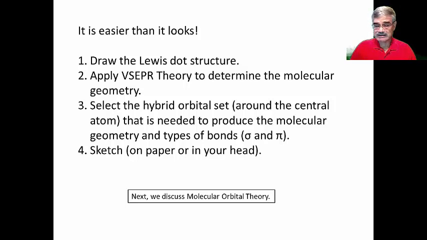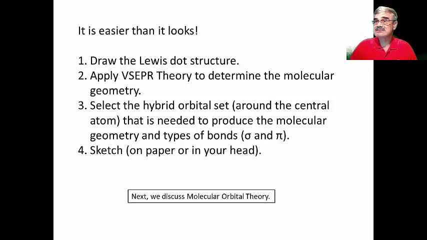If that geometry around the central atom is linear, it must have been sp hybrid orbital set. If it's trigonal planar, it must have been sp2. If it's tetrahedral, it must have been sp3, etc., till you get to octahedral. If it's an octahedral geometry around the central atom, it must have been sp3d2.